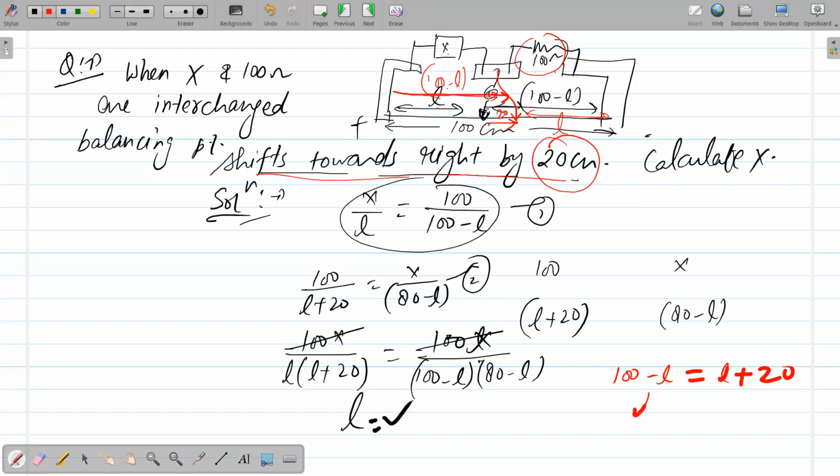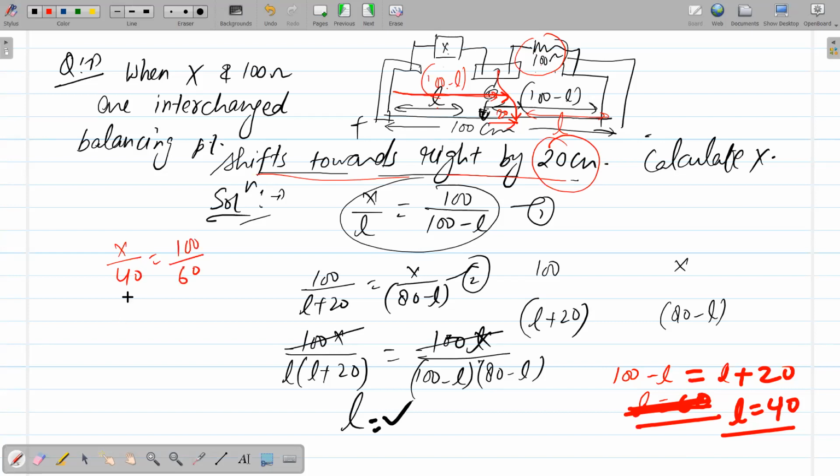Now you get L as 60. Check this. No, L is not 60, L is 40. Because 20 will come at the left, so it will make it 80. 80 equals 2L, so L is 40. Right, everyone? So without solving that equation, I got the value of L, and now I can write X by 40 equals 100 by 60.